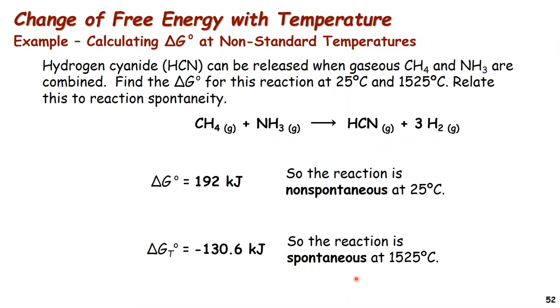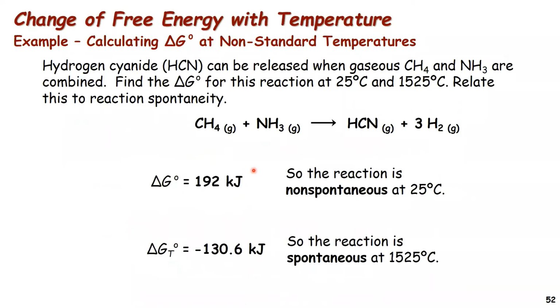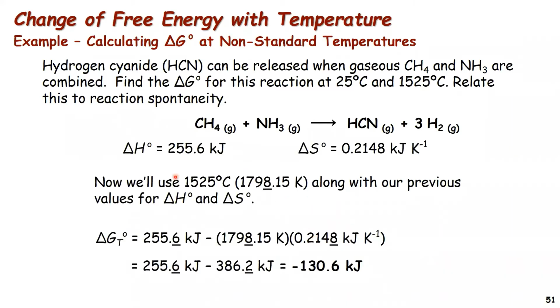So we can see that in this particular case, I should put those values on there, 52. So we can see we have an endothermic reaction with an increase in disorder.